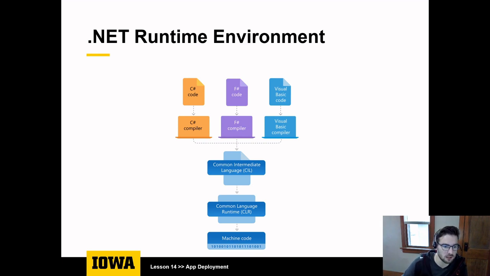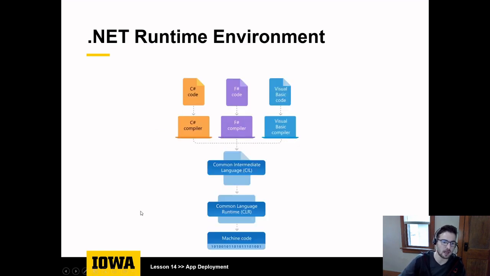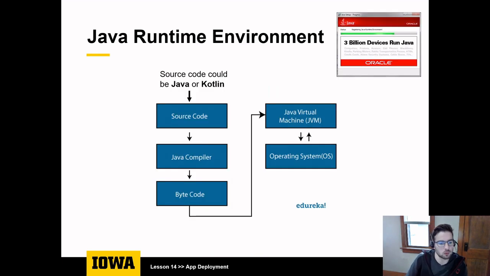And this runtime will be responsible for converting this intermediate language to machine instructions to actually execute the program. So it creates this decoupling between our program and the machine instructions. So that was the original advantage of creating these runtimes. So this is the .NET runtime, or the common language runtime is another name they call it.